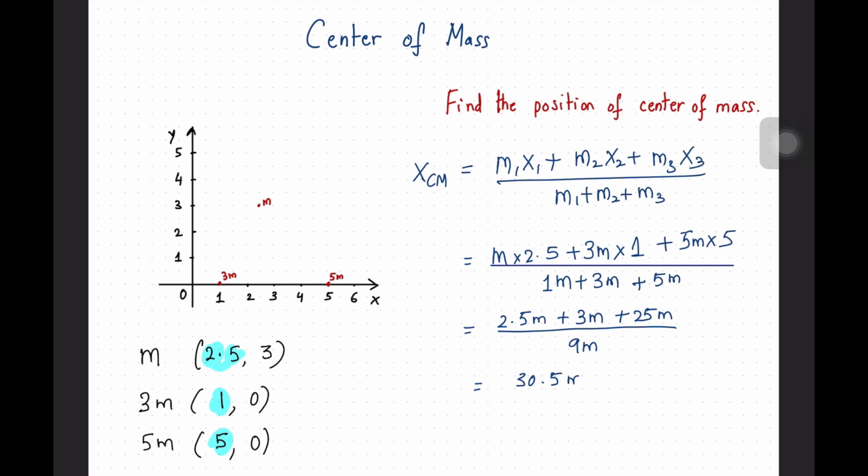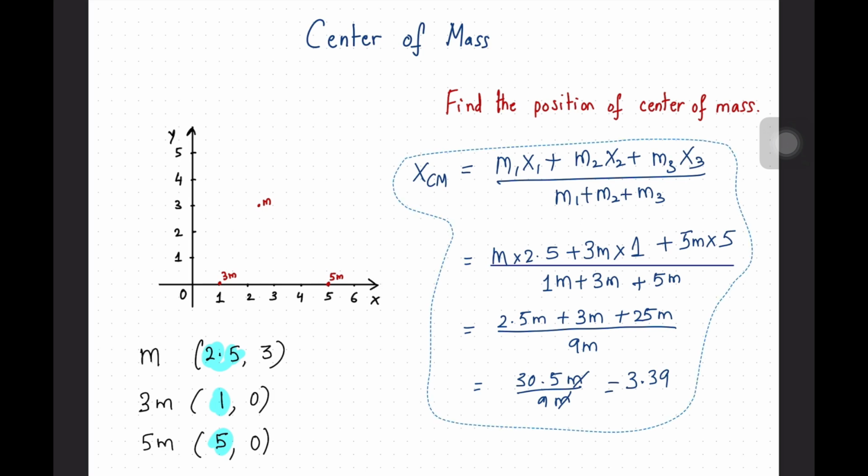That will give us 30.5m over 9m. M can be cancelled and we can simplify it further. We will get the value for xcm. Let me just use the calculator. That comes out as 3.39. So that's our answer for xcm.